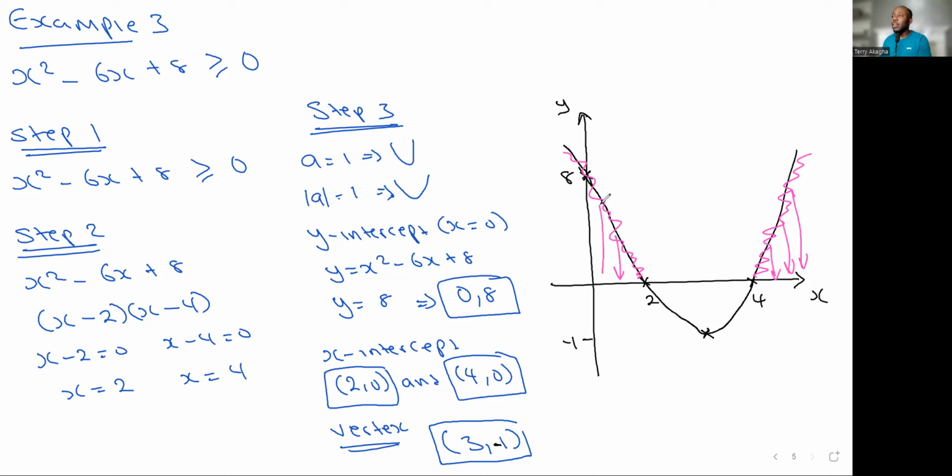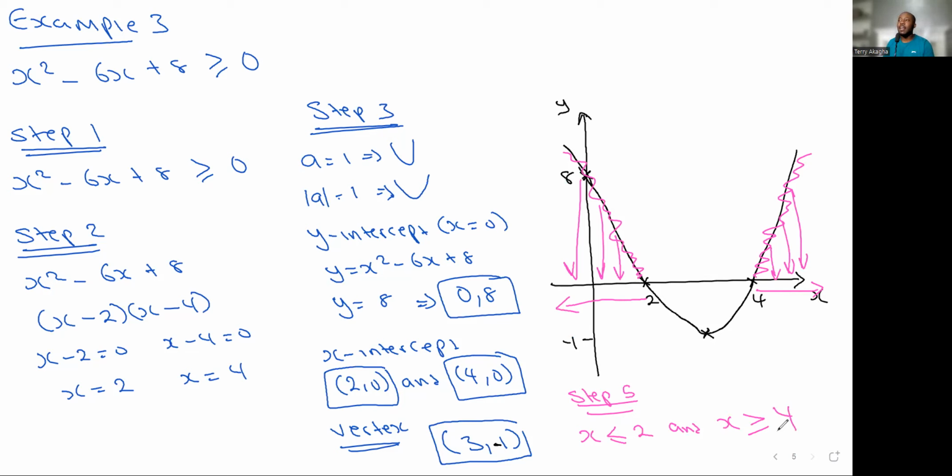As you can see, it's everything that is less than 2 and everything that is greater than 4. So step 5, the solution for this is x is less than or equal to 2 and x is greater than or equal to 4. And that will be the answer for that.